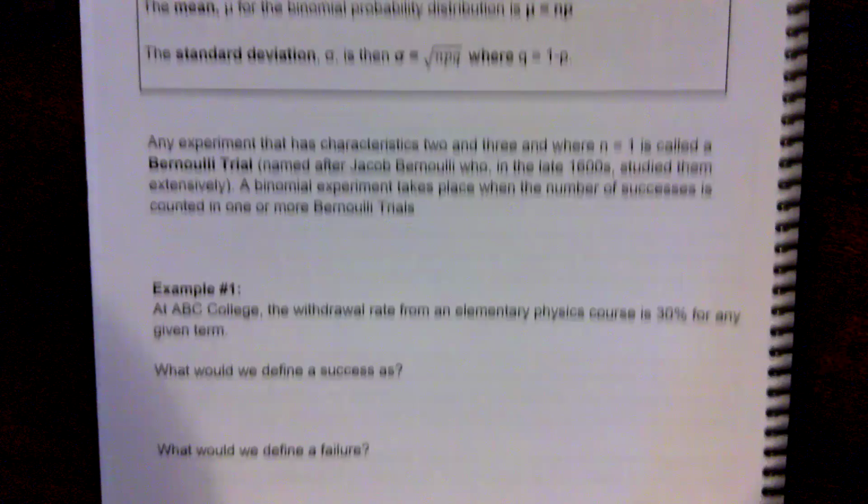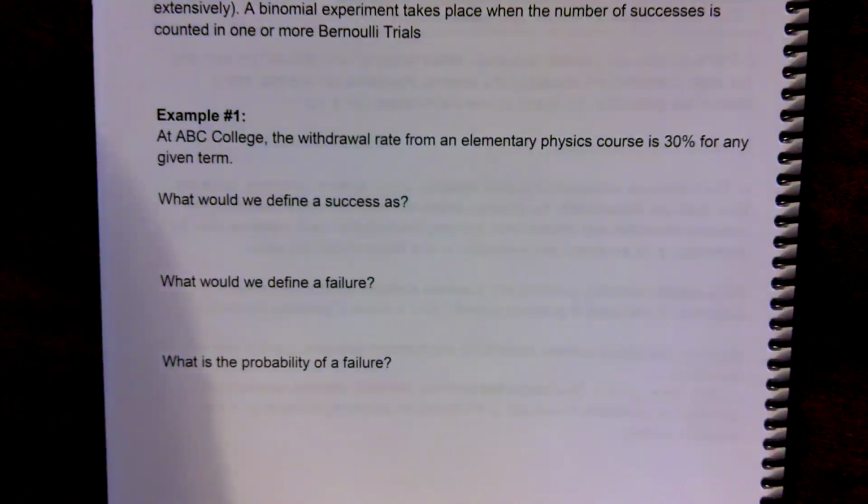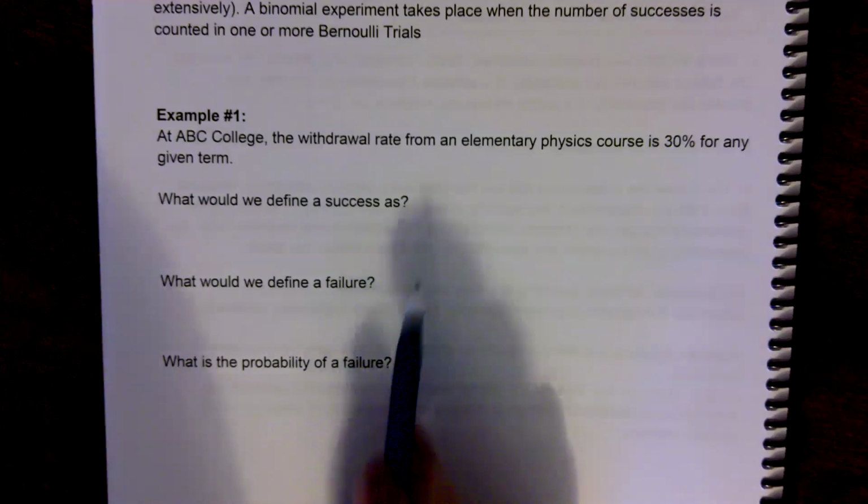So let's look at our first example. It says, at ABC College, the withdrawal rate from an elementary physics course is 30% for any given term. What would we define as a success?